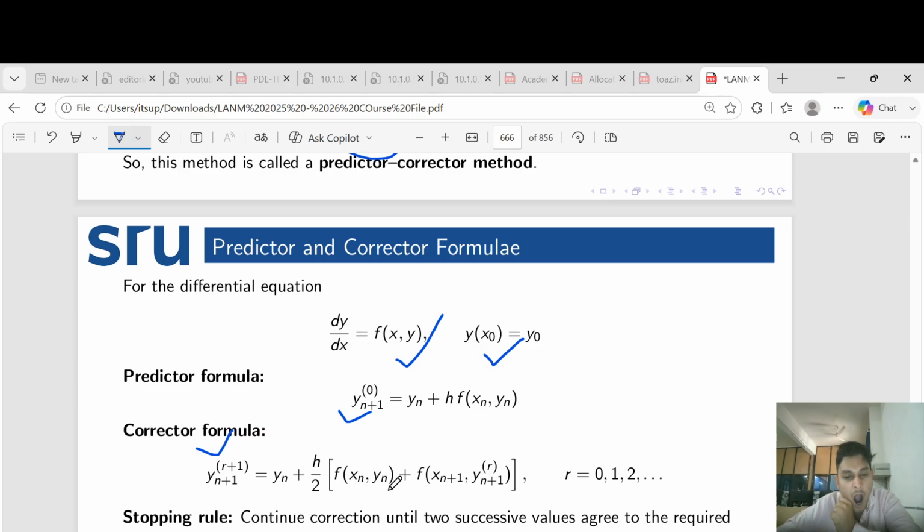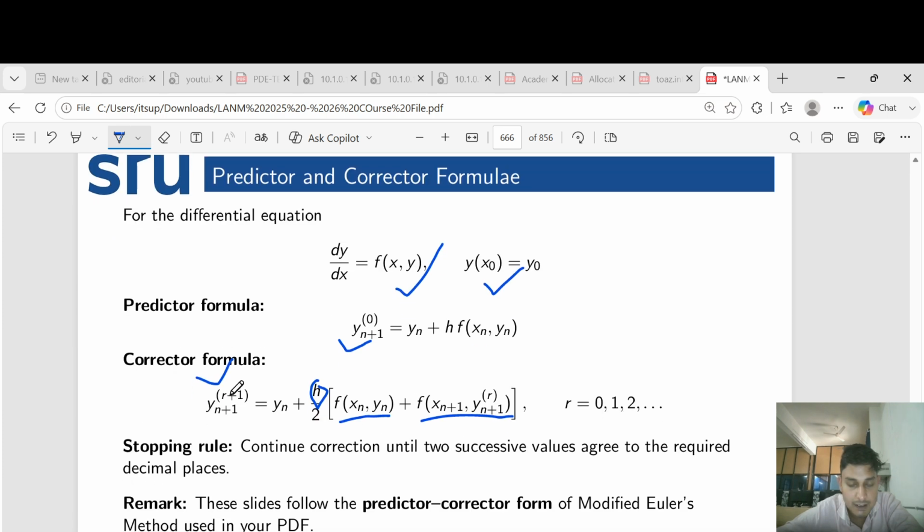So this is y(n+1) = yn + h/2. This is the slope, this is again the slope, and we take the arithmetic mean, (a + b)/2. So y(n+1)^(r+1) = yn + h/2 [f(xn, yn) + f(x(n+1), y(n+1)^(r))].